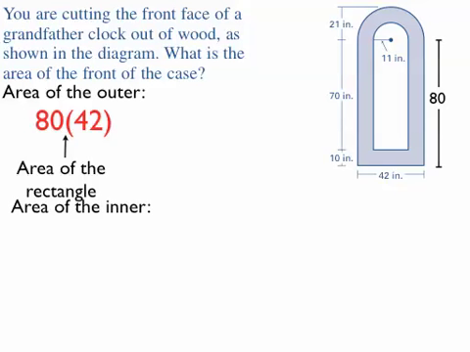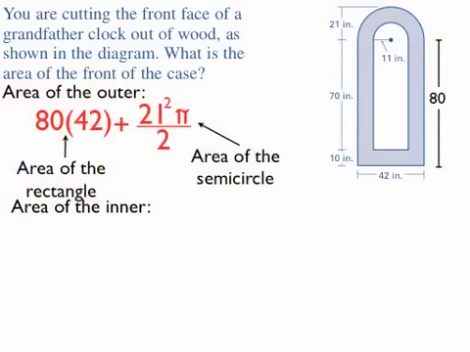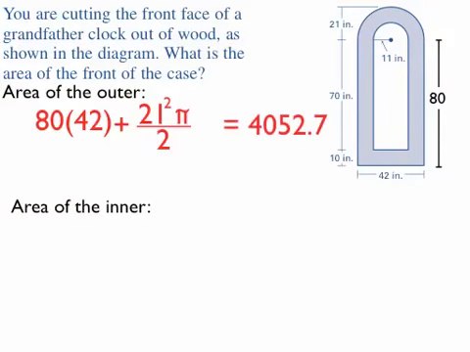That would be the same at the top, so we need half of that, which would give me 21 inches. So I need to add 21 squared times pi divided by 2. 21 squared pi is going to be the area of the circle. I only need half of it, so that's why I've divided it by 2. And when you plug that into your calculator, you should get about 4,052.7.